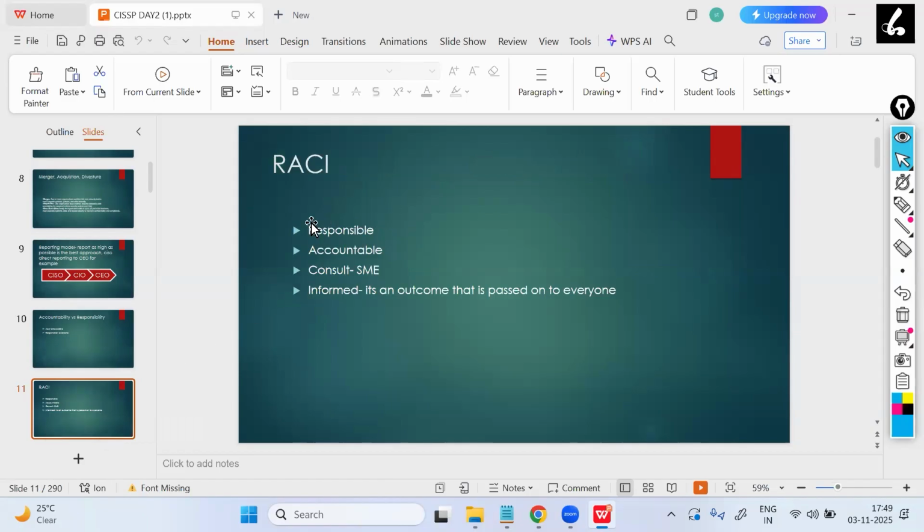Now, the RACI chart. RACI stands for responsible, accountable, consulted, and informed. This is a chart that is made and practiced in InfoSec where they say, okay, this is the person who is responsible for this particular thing. This is the person who is accountable. This is the person whom we have to consult. And whom do we consult?